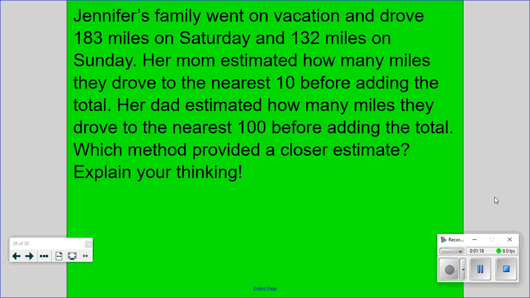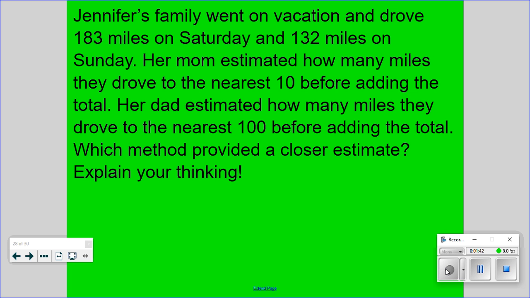I want you to read that problem again in your head, and then go ahead and write an answer sentence at the top of the next blank page. Can someone read to me the question in this word problem? The question. There's one sentence that is very specifically a question. Gavin?